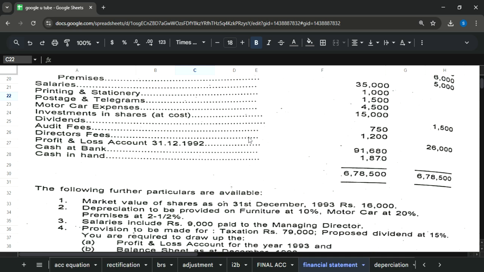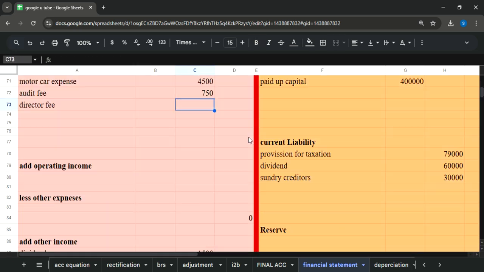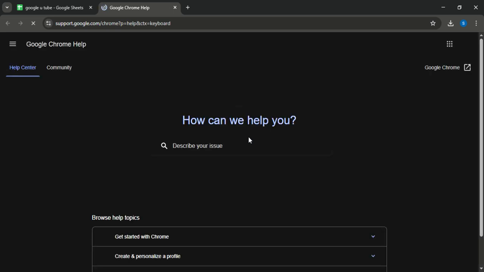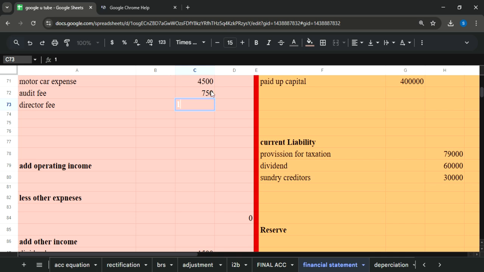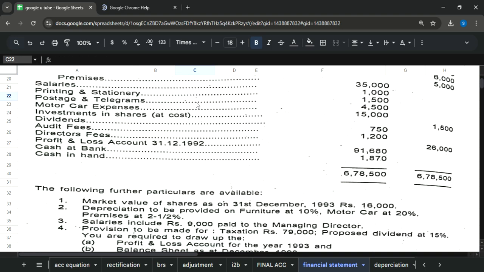It seems like 1200. I was telling you it is very difficult to write down amount. 1200 is your director fee. Let's get back, because you can see alignment is very difficult.